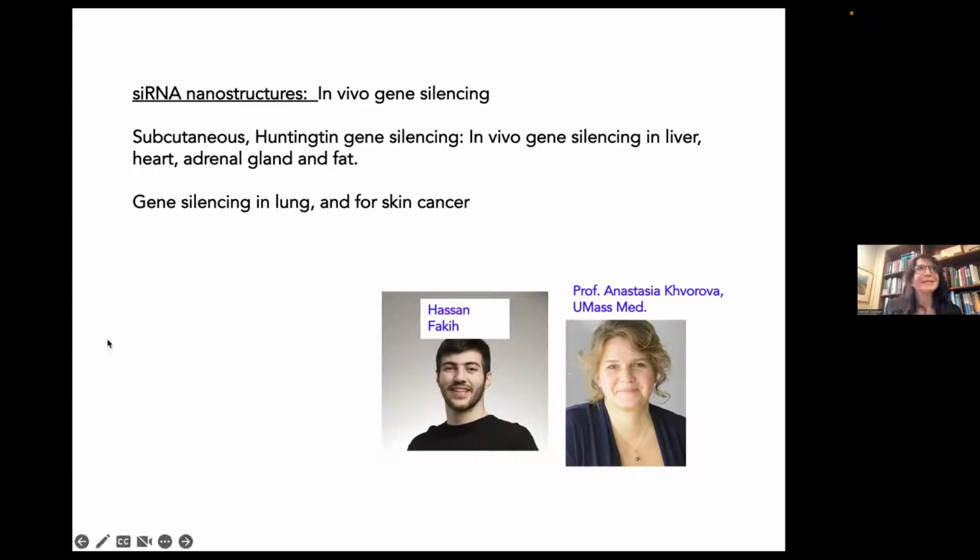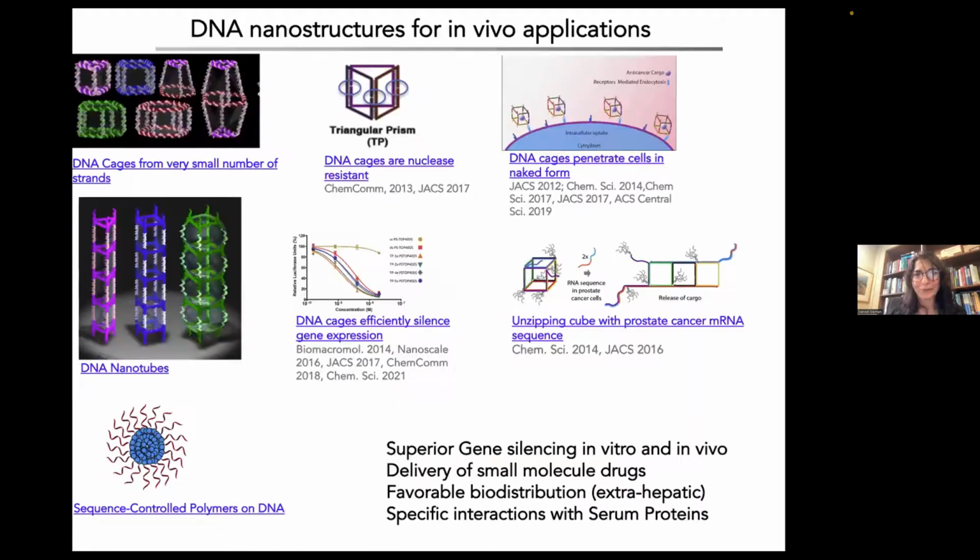They can silence in the lung, and they can silence in the skin, heart, adrenal gland, and even fat. So we're scratching the surface, as I said before, but we're very excited that these particles are not basically concentrating only in the liver and just doing gene silencing only in the liver. And we're excited to do the next studies to explore this further.